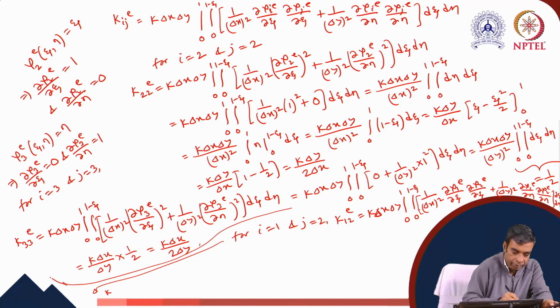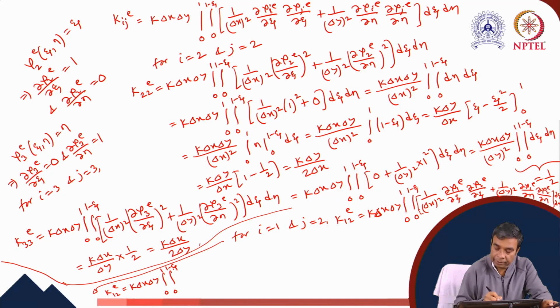k12e equals k del x del y integration 0 to 1, integration 0 to 1, minus xi, the first portion 1 by delta x whole square.